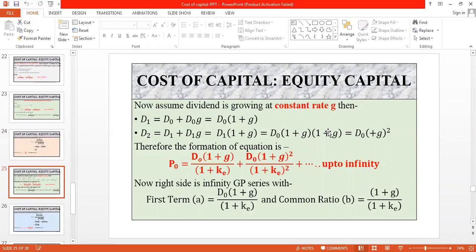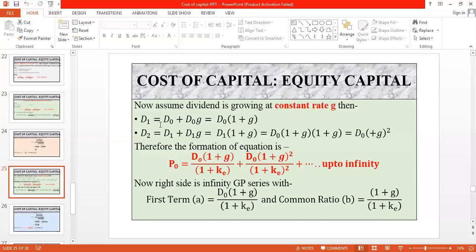Suppose the dividend paid in the current year is D0. Now, if the dividend D0 grows at rate G, then after 1 year, the dividend will be D1, which will be equal to current year's dividend D0 plus D0 into growth rate.